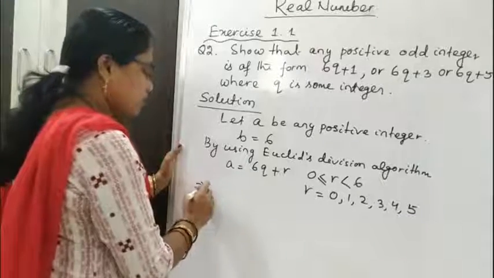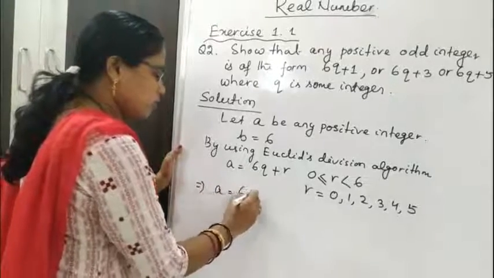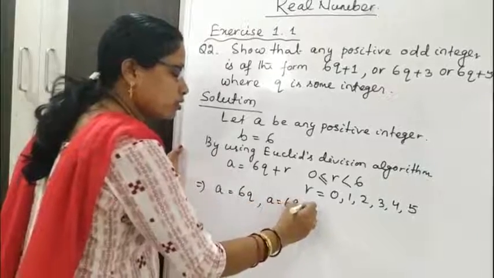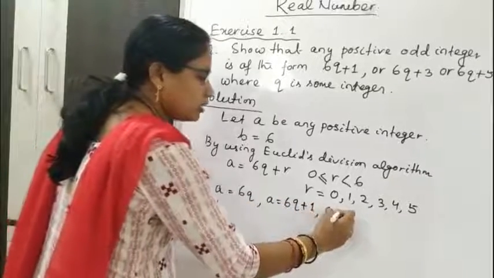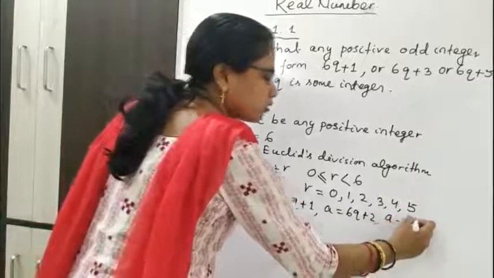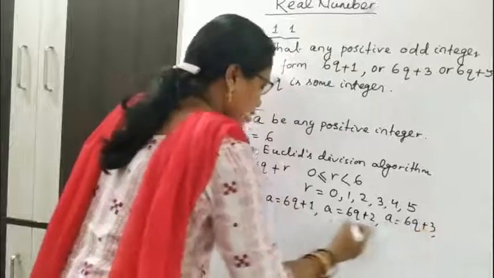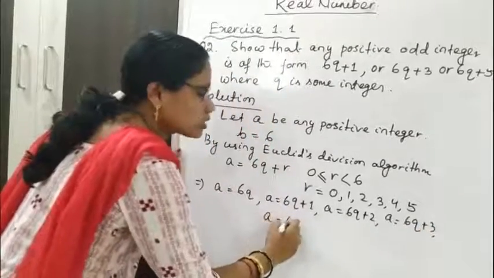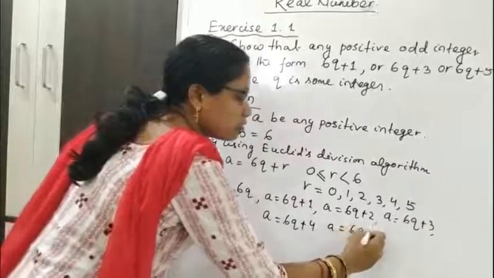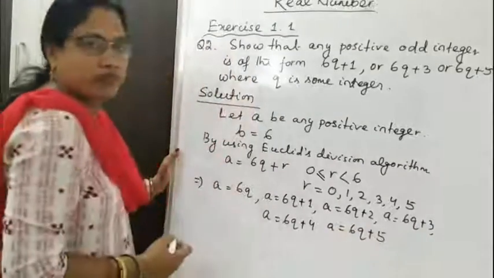So that means a is equal to 6q, or 6q plus 1, or 6q plus 2, or 6q plus 3, or 6q plus 4, or 6q plus 5.